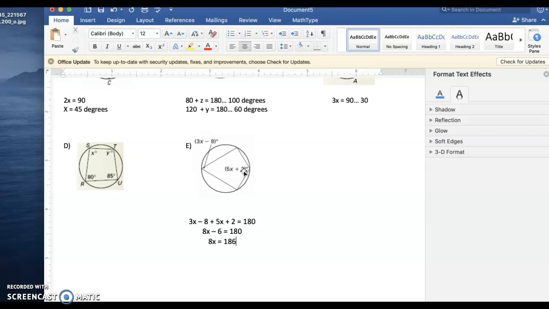Then we solve for x, and that's not going to go in nicely, 23 something, I believe 23.25. So again, 3x minus 8 plus 5x plus 2, so 3 plus 5, 8x, and so on, and you're just solving for the variable.